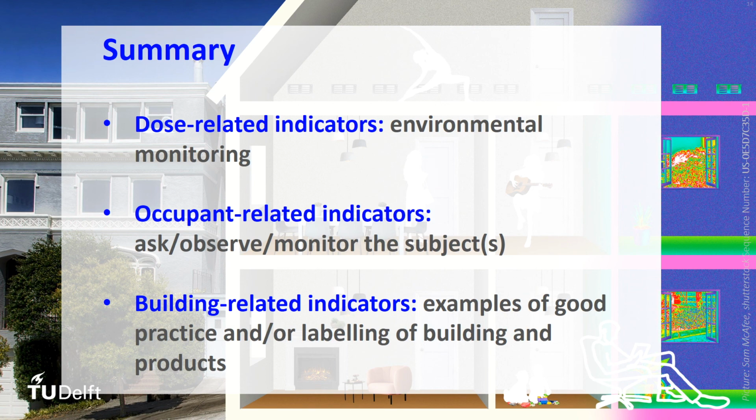The occupant-related indicators, which can be assessed through questionnaires, observations and interviews, and or monitoring physiological and physical changes in the body or the bodily products. And then the building-related indicators, which can be assessed through examples of good practice, such as checklists and or labeling of buildings and or products.